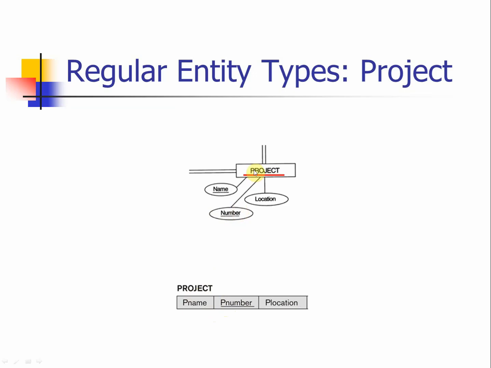You can notice that there is a minor change in the word I use for the attribute. The number is shown in the ER diagram over here. When it comes to the attribute creation for the project relation, I put a P number over there. That's some flexibility because there's a number used in project. There's also a number used in department.